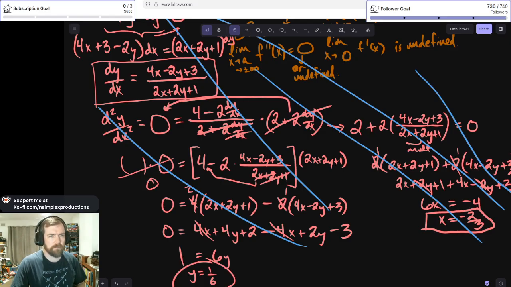Let's see. Differential forms of fundamental equations. That seems useful.